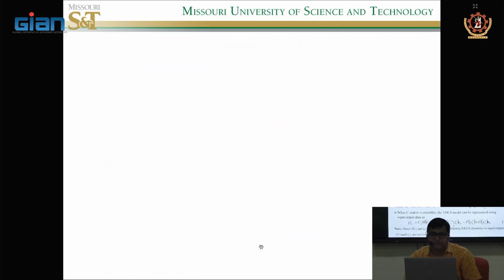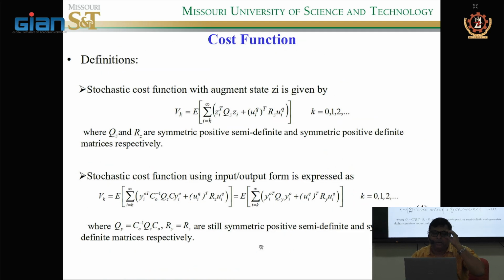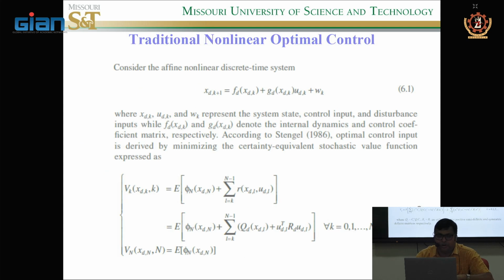These are the steps you need to follow, and then the rest of the things are like the linear system you did. The stochastic cost function has been defined, and the stochastic cost function using input output form is defined in equation number 4.